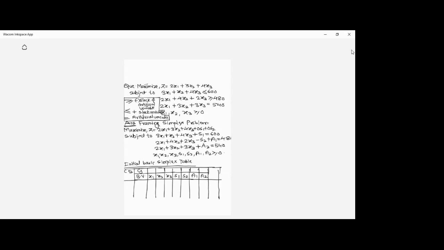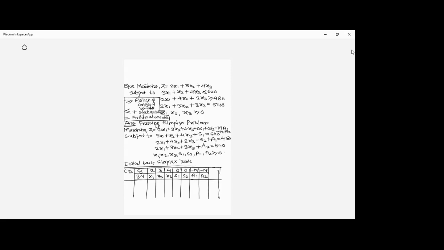The artificial variables will be multiplied by a negative coefficient, that is minus M. So here it will be minus M a1, and here it will be minus M a2, right? So this is our objective function. So here we'll have the coefficients as 2, 3, 4, 0, 0, minus M, minus M. Why minus M and minus M here both?